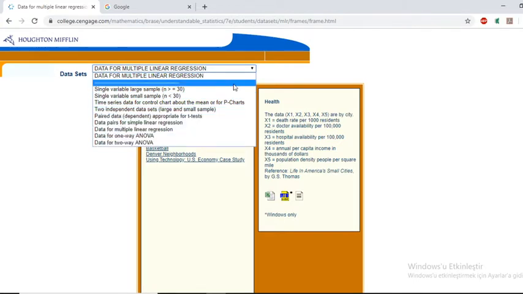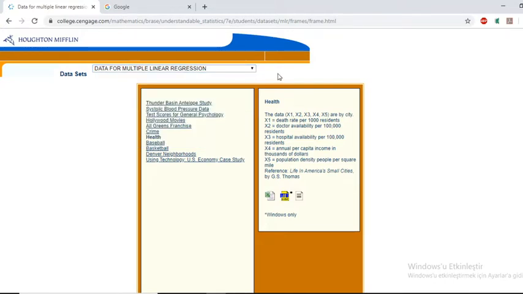And I took multiple linear regression datasets, and out of them I will be looking into the health datasets. There are 5 variables, and these variables are about the death rate per 1,000 residents.